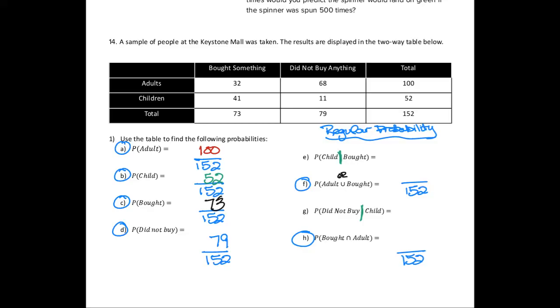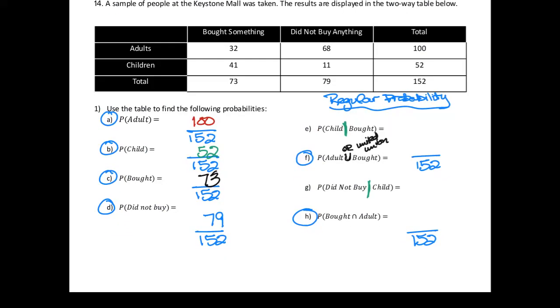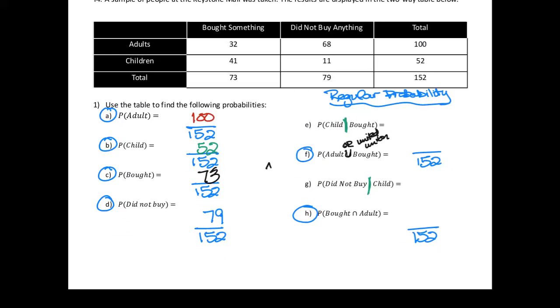So for an or statement, it looks like a U. I want you to think united or union. When you want to unite people, you want as many people as you can get to be united. So that means I need all adults.